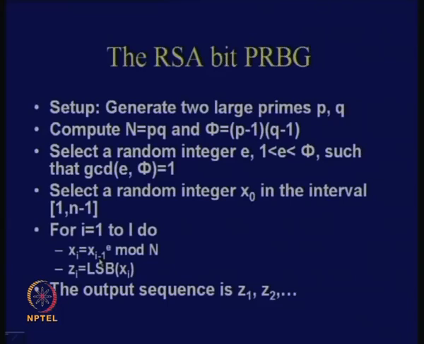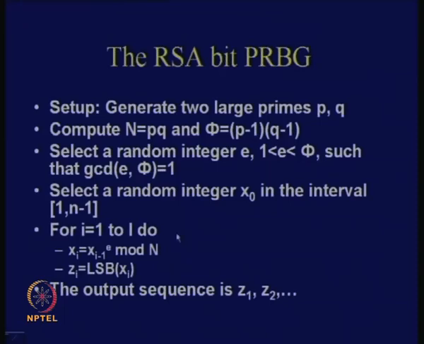You start with the value of xi, raise it to the power of e, and then take modulo n, and each time you export the LSB of xi, and that way you can create one sequence. These are quite commonly used pseudorandom bit generators, and you can show that the assumption is that this is a good pseudorandom bit sequence generator if solving the RSA problem is hard.